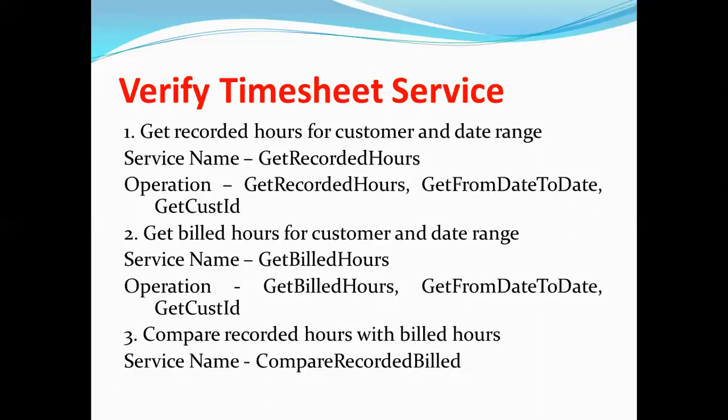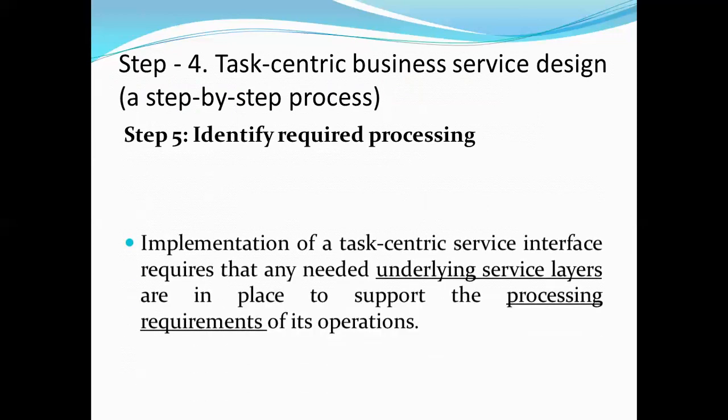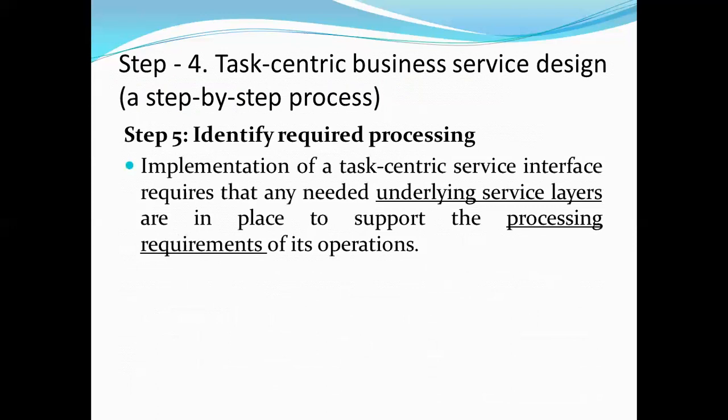So in total we have identified 11 candidate services, and the same exercise is carried out for all 11 service candidates. We have already covered step number 4. Step number 5 of task-centric business service design is to identify the required processing, which is the implementation of the task-centric service interface.